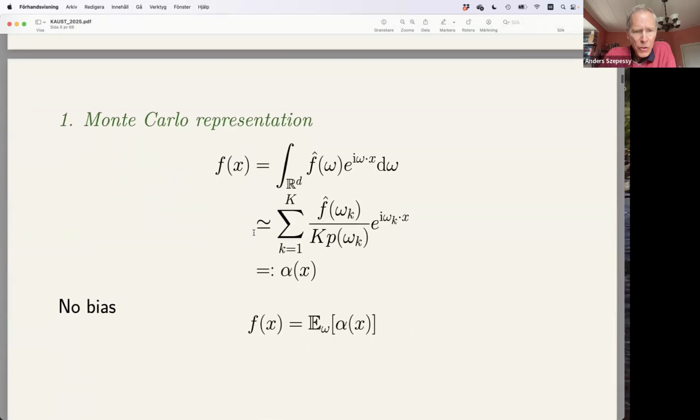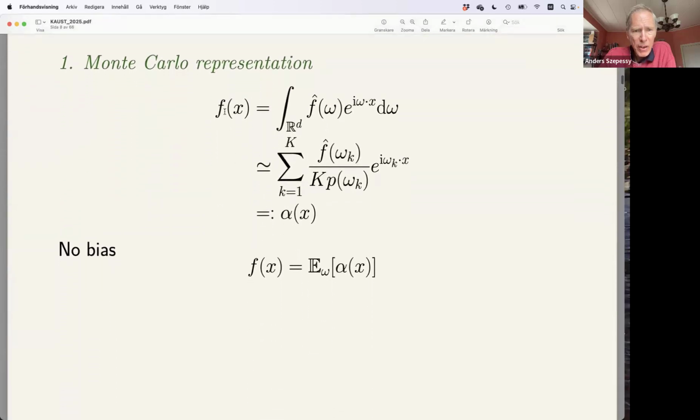So we assumed we have a representation of the function by its Fourier transform, and then we do a Monte Carlo approximation of this integral by sampling the frequencies omega independently from a density P. Then we have this expression as a sum, and we have capital K of these samples omega.